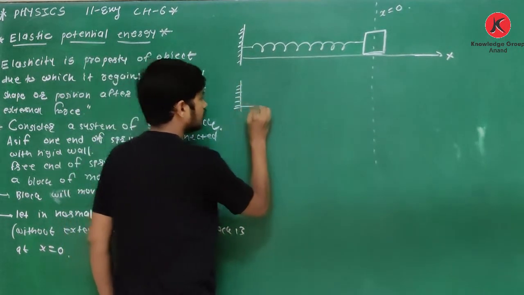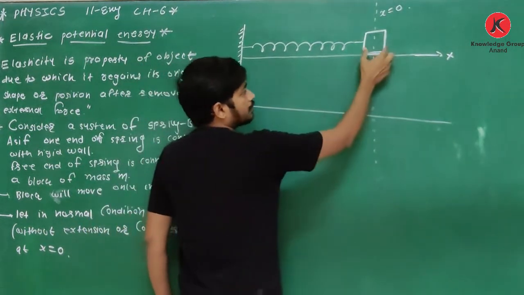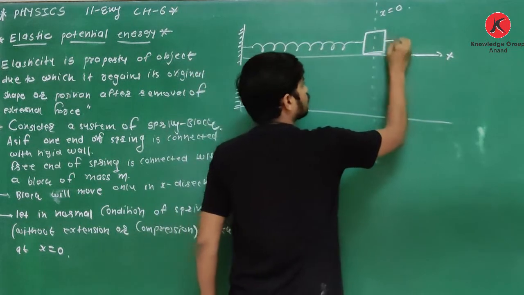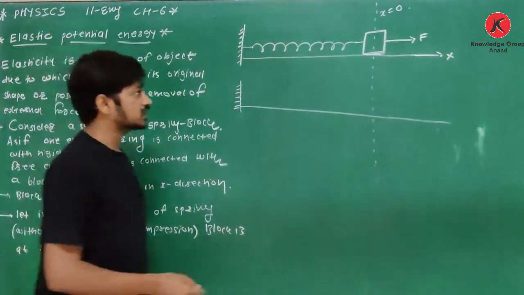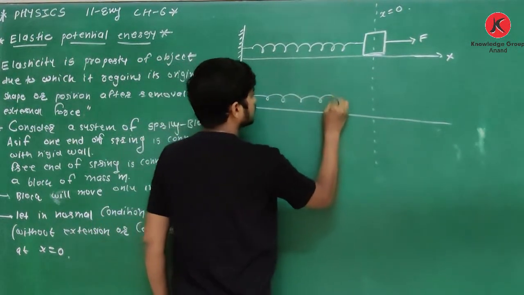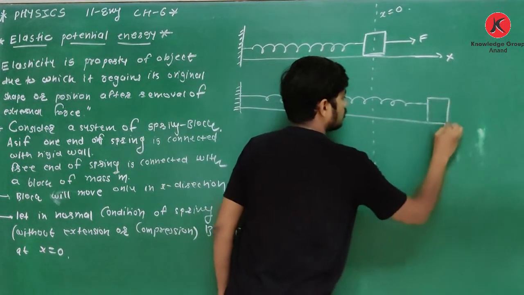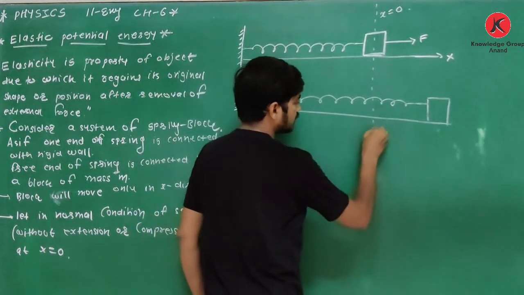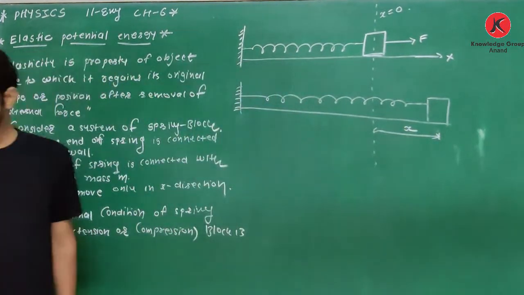If the same block, by applying some external force in this direction, is displaced in this direction, like this. It means we have displaced this block by distance x.